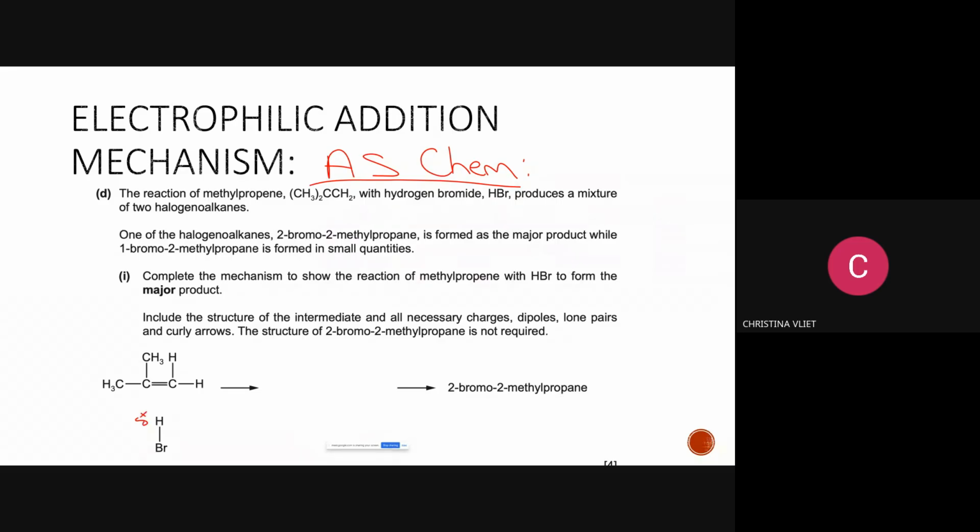Hydrogen would be positive and the bromine would be negative, right? And then what has to happen? We know in the end we have to get both H and Br on here because that's what an addition reaction is. You break up the double bond and you put one atom on each side. But what happens next? How do we get these atoms onto this organic molecule?